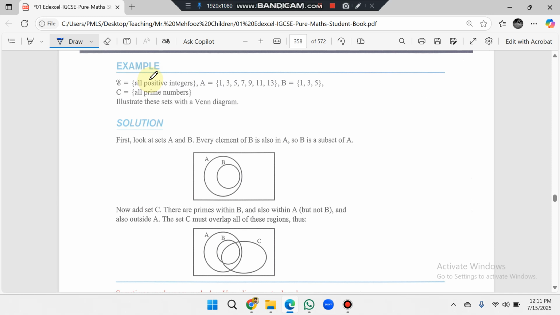The universal set is given as all positive integers. A is equal to 1, 3, 5, 7, 9, 11, and 13, and B is 1, 3, 5. C is all prime numbers. Illustrate these sets with a Venn diagram. So first of all, set A is 1, 3, 5, 7, 9, 11, 13. Set B is 1, 3, 5.